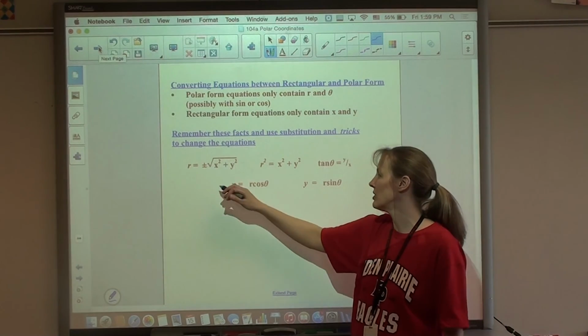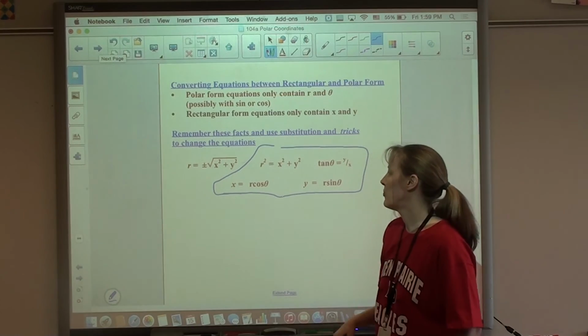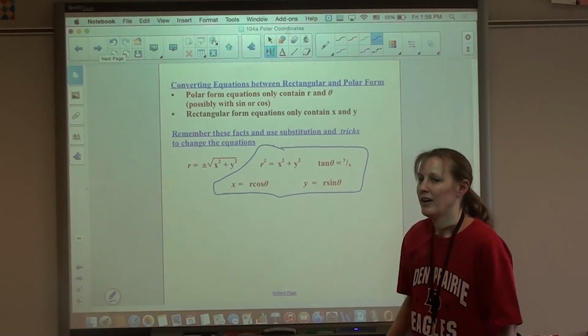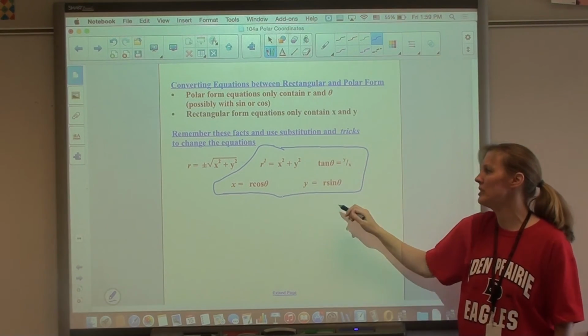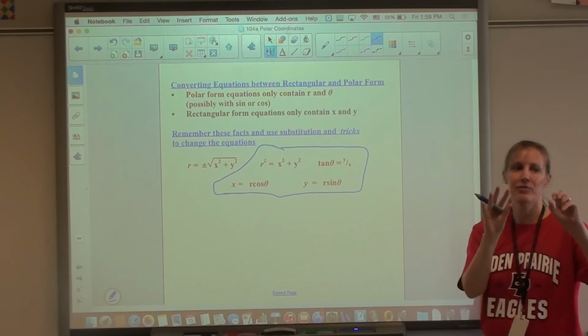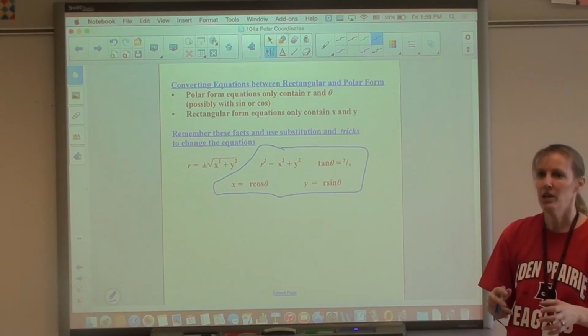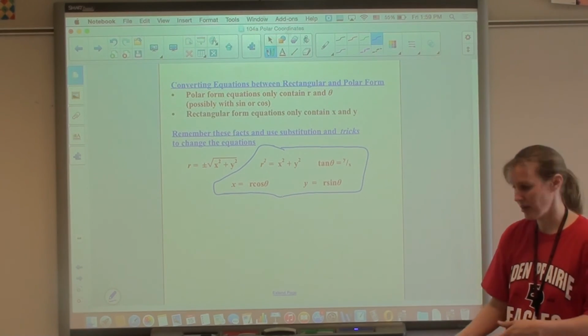I tend to ignore this one, and I tend to use these four for all of my problems. If I have to use that one, I square it. You've got these four equations, and you're just going to replace stuff wherever you can and manipulate however you need to in order to convert r and theta to x and y, or vice versa, right?